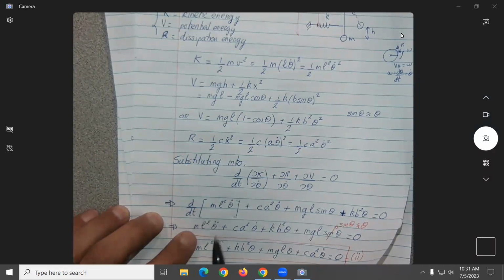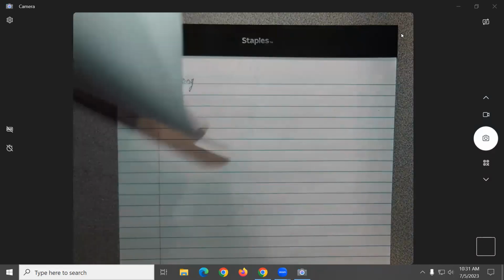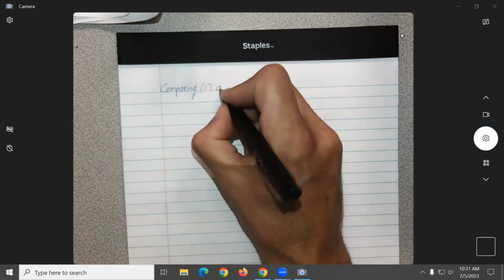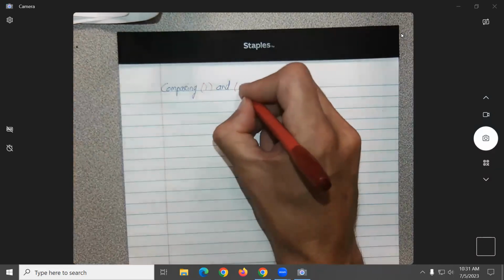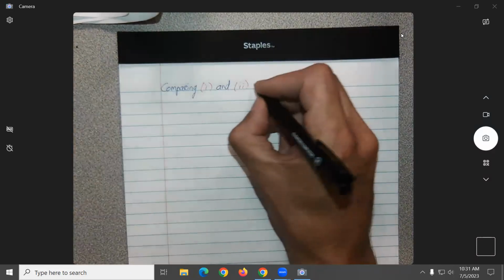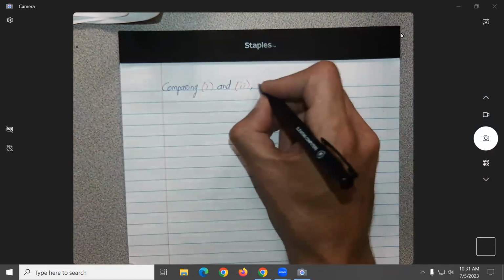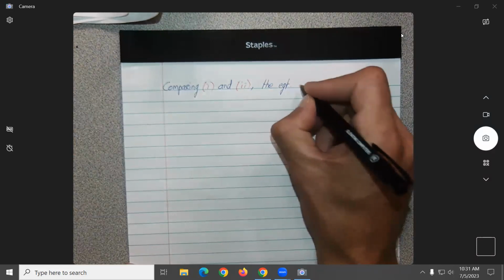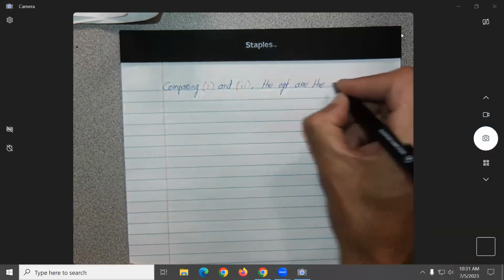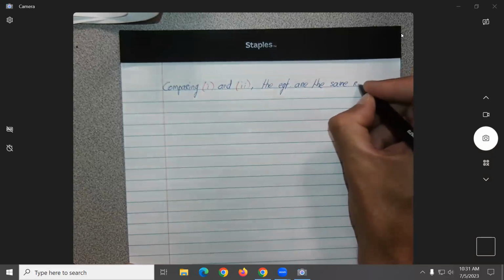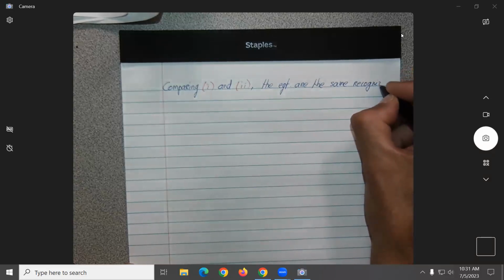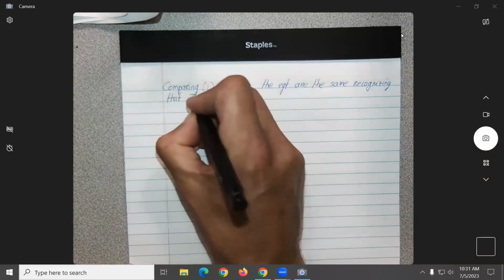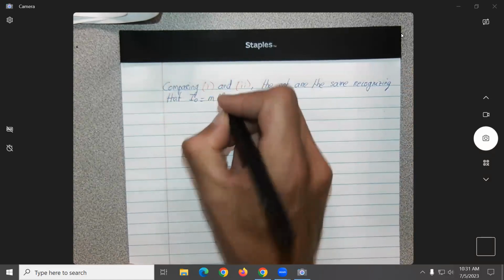Was that your question? Okay. So comparing 1 and 2, the equations are the same, recognizing that I sub O equals mL squared.